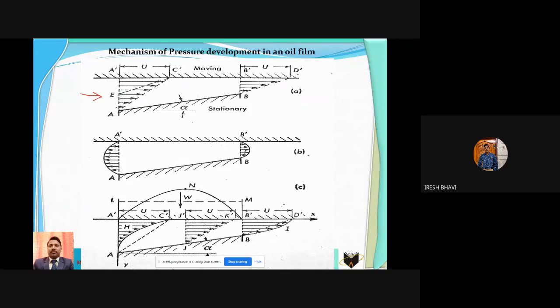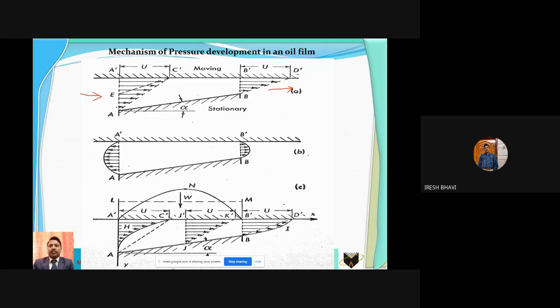Here the liquid is entering, and from here the liquid is leaving.